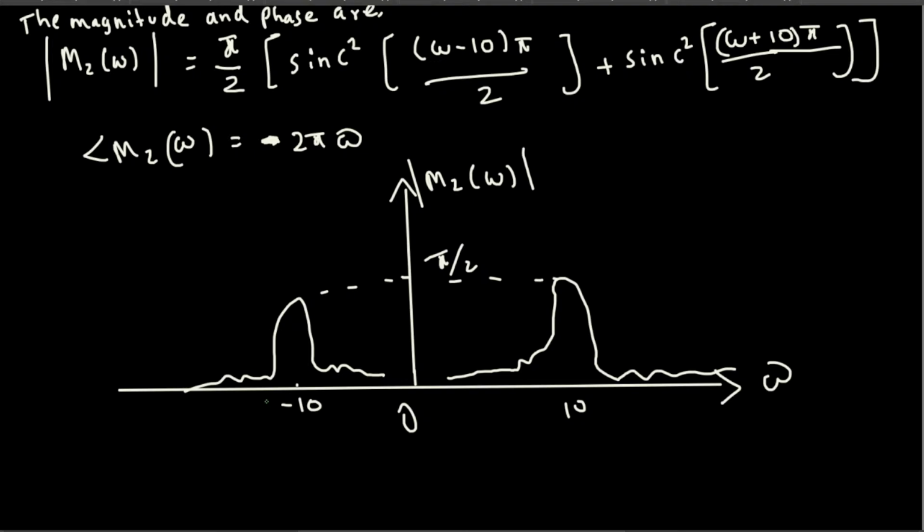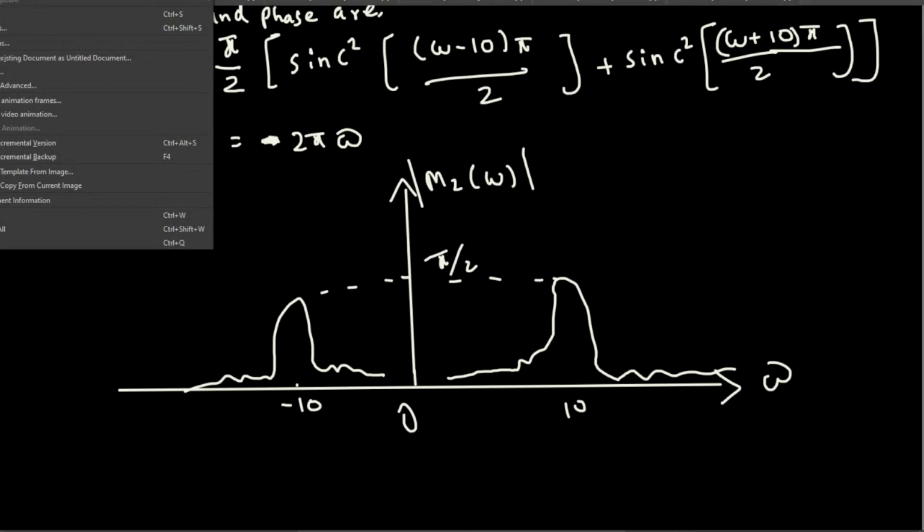Okay, this is the magnitude spectrum diagram, and the phase spectrum is going to be a straight line. So if I draw that, I'm going to do it on a new page.